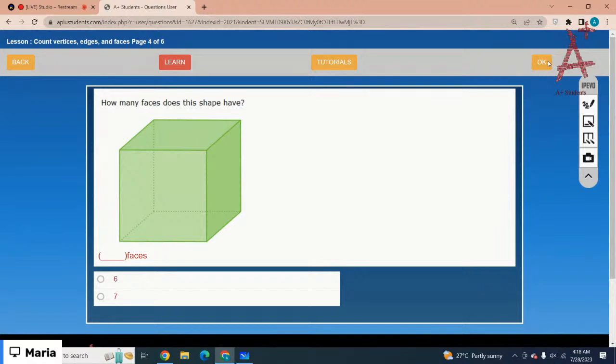The correct option is 6. The shape has 6 faces.